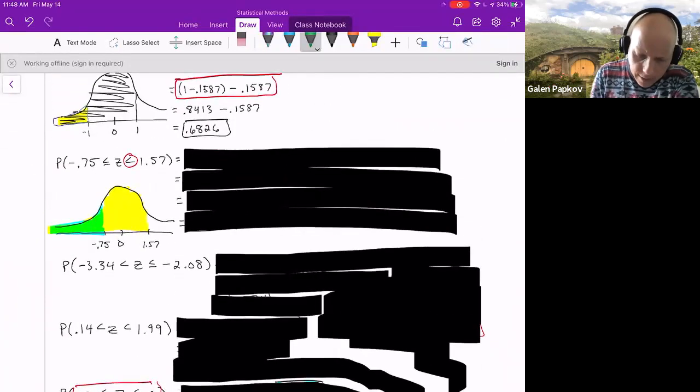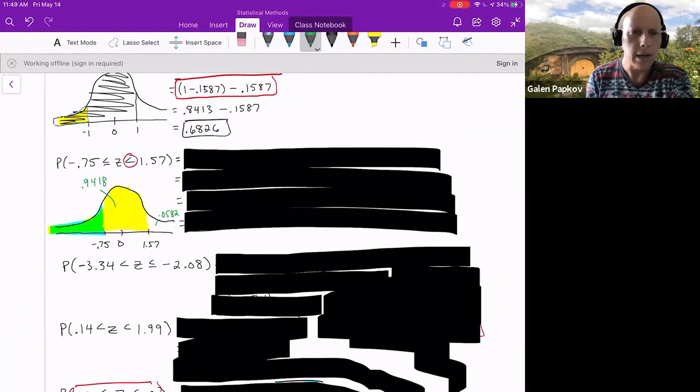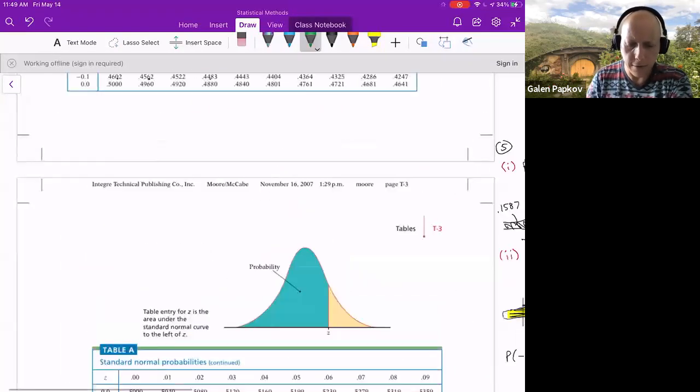That's going to correspond to this small piece here, 0.0582, which means that the yellow region is going to be 1 minus that, or 0.9418. And that's the total yellow region, including the green part that's put on top of some of the yellow region. The green region is the area to the left of negative 0.75.